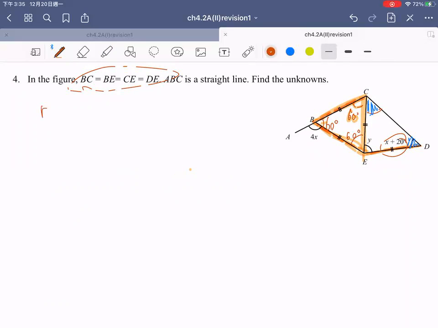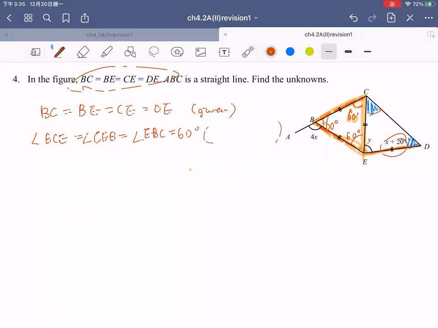That is BC, CE, BE given. Then we know all the three angles are 60 degrees. Angle EBC is angle CEB is angle BCE, 60 degrees. Property of equilateral triangle.